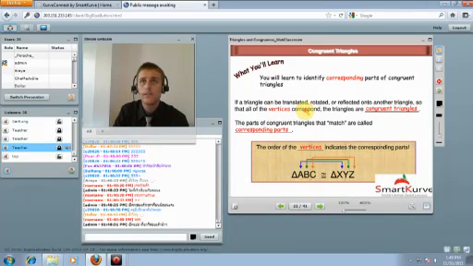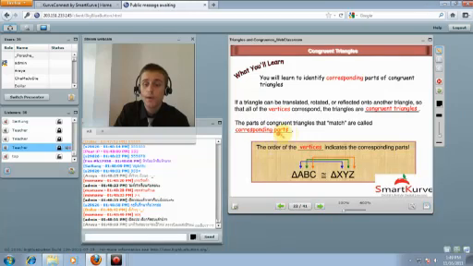If a triangle can be translated, rotated, or reflected onto another triangle so that all of the vertices correspond, the triangles are congruent triangles. The parts of congruent triangles that match are called corresponding parts.